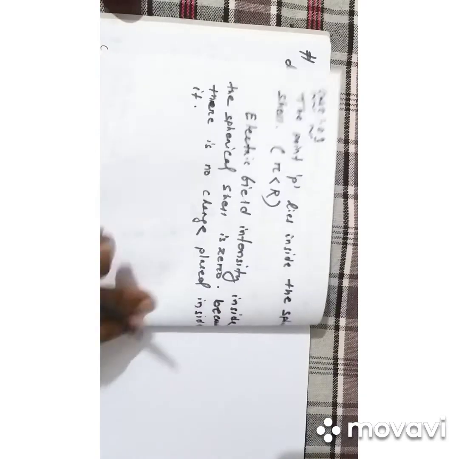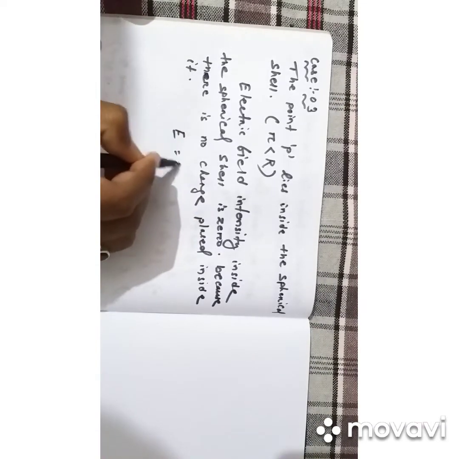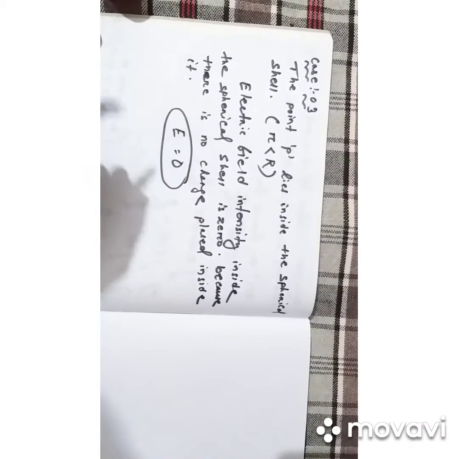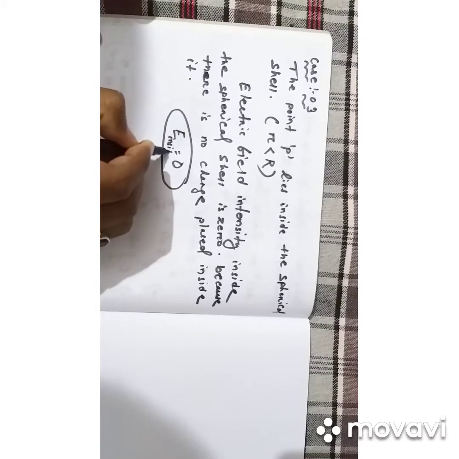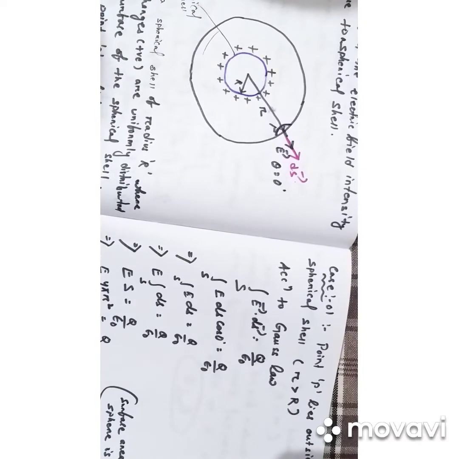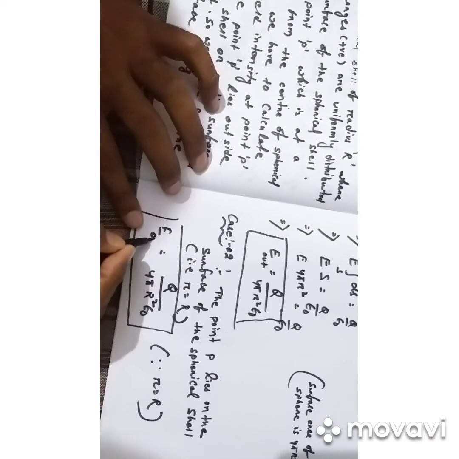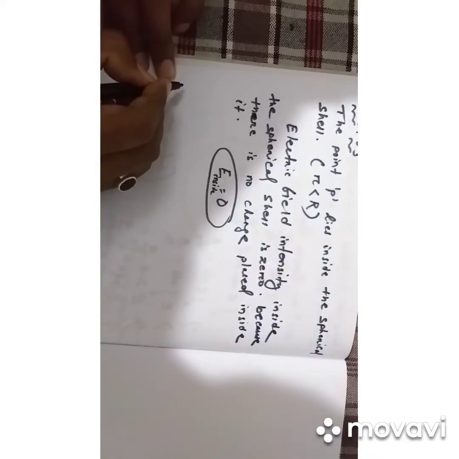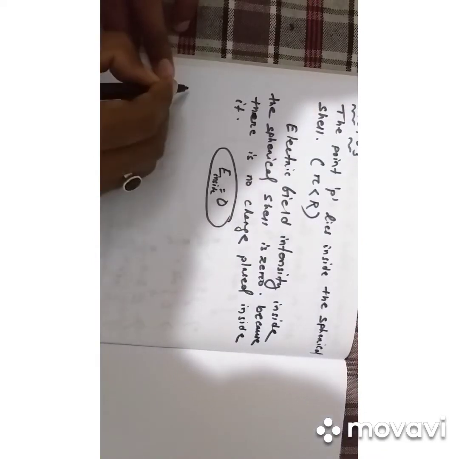And in the third case, electric field intensity is 0 inside the spherical shell. This one is outside, this one on the surface. Okay, now we plot a graph.